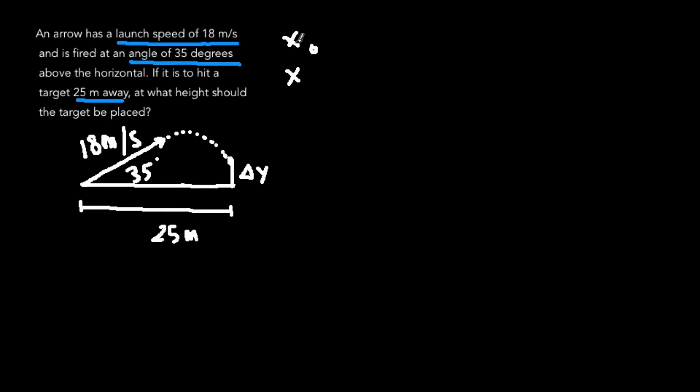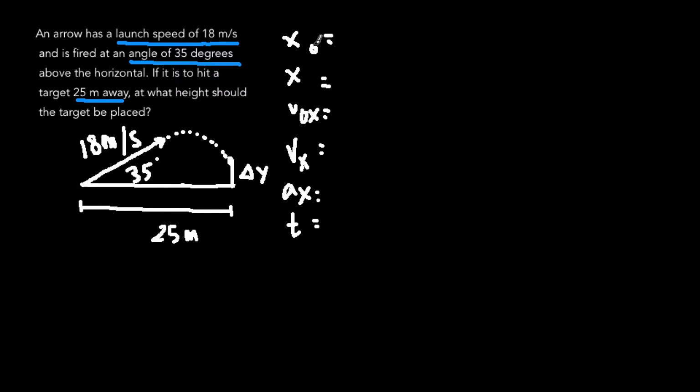Okay, so we'll put down our variables: x naught, x final, v naught in the x direction, v final in the x direction, acceleration in the x direction, and time. Let's fill these out.